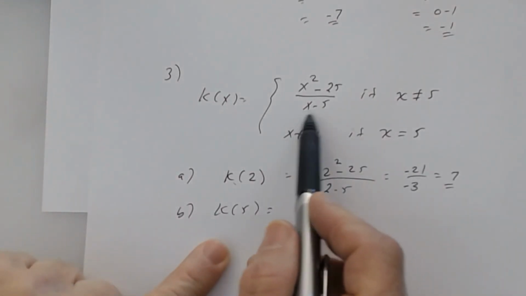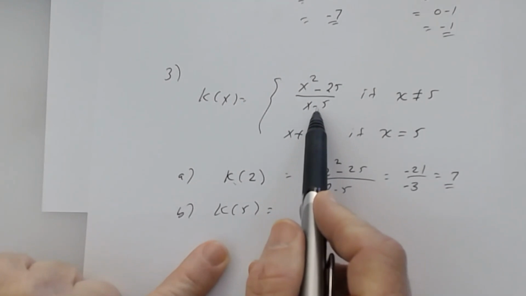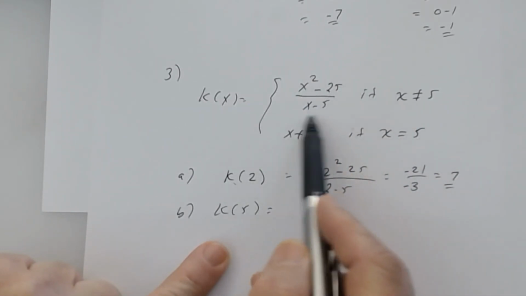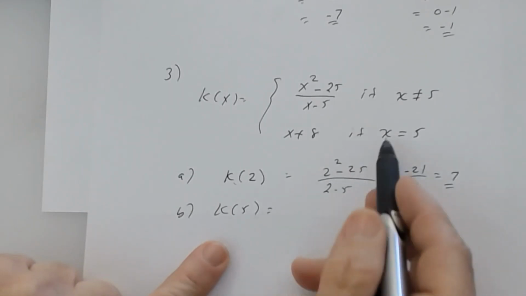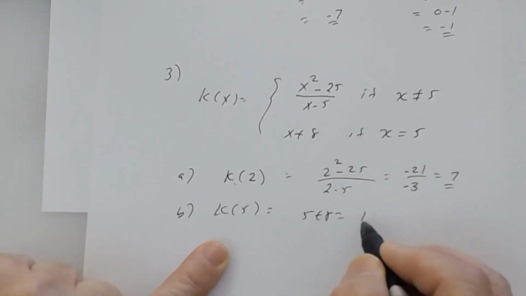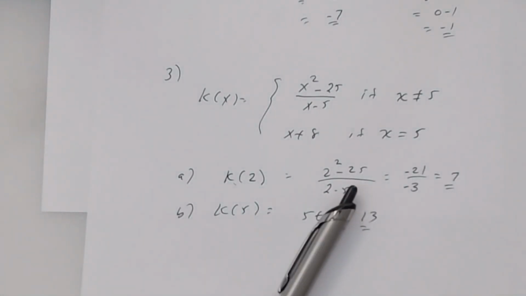When x is 5, what's 5 minus 5? That's why it says x cannot equal 5. Remember those restrictions on the last test? Yes. Same idea. So in this, x cannot equal 5. All right, but I have to use the bottom one, right? So it'll be 5 plus 8, which is what? 13.